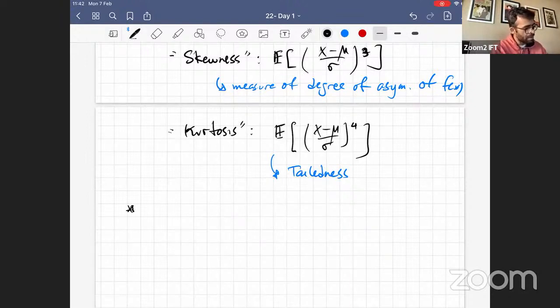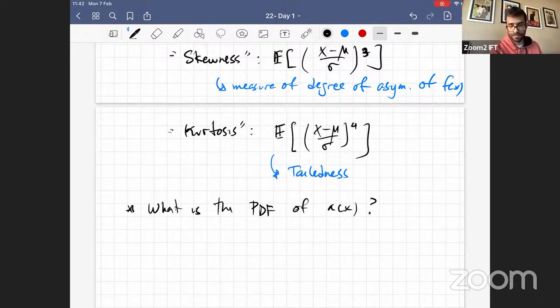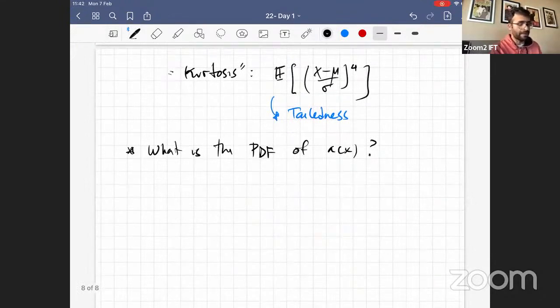So now let us talk about what would be the PDF of a function of X. The PDF of A of X, this is what I'm writing here.